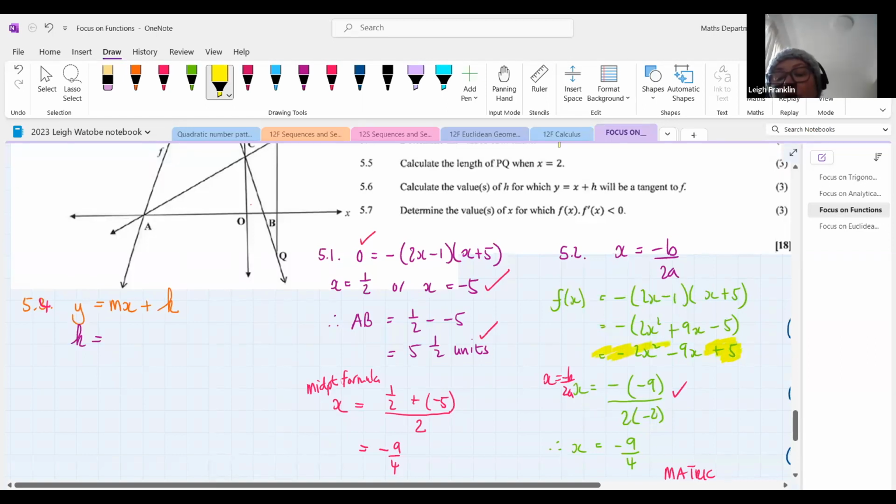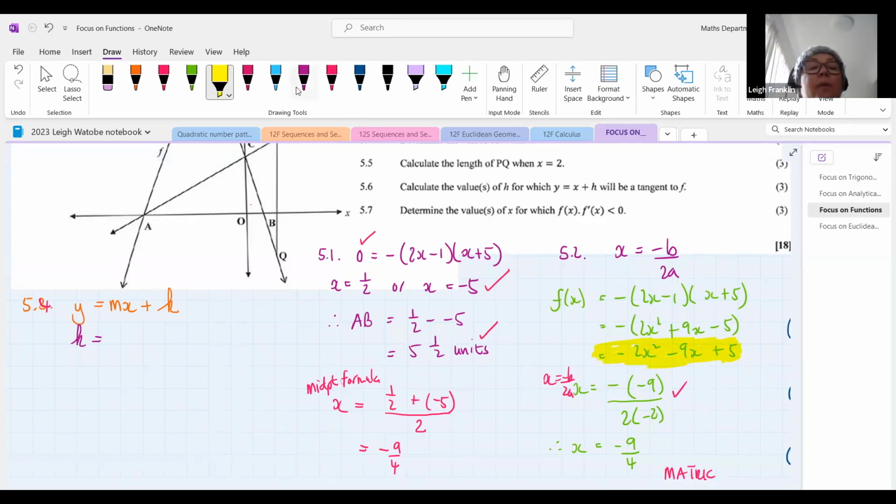This is our standard form here in yellow of f of x. So straight away we know that K is equal to 5. So we've got y equals mx plus 5.